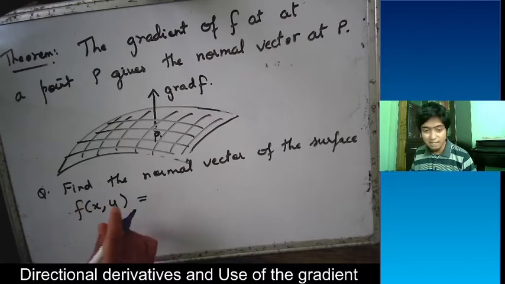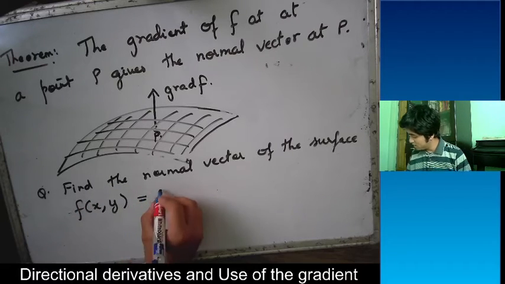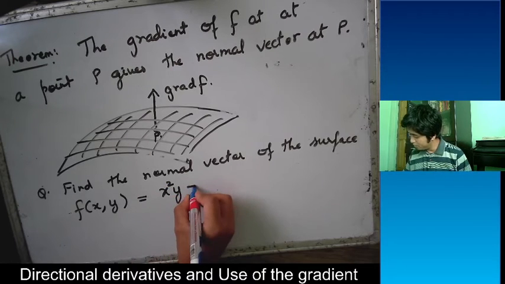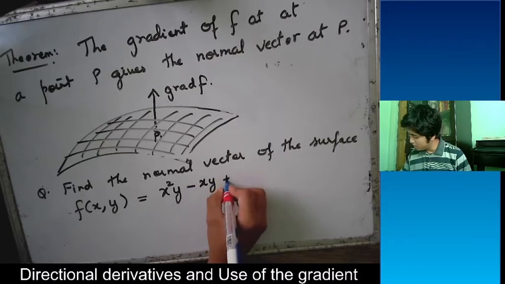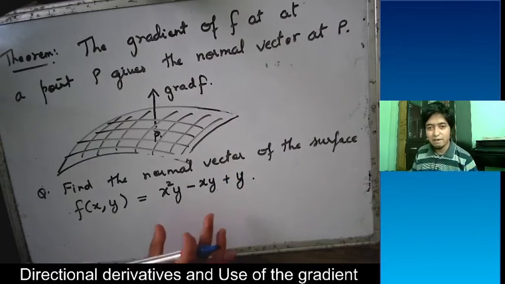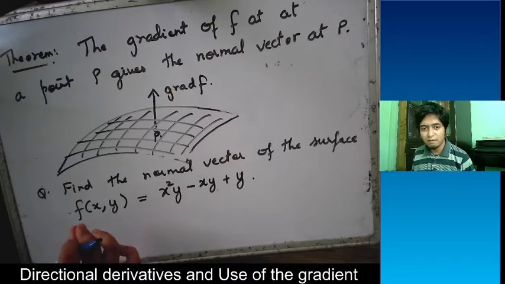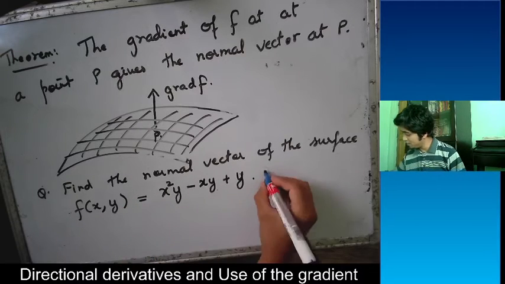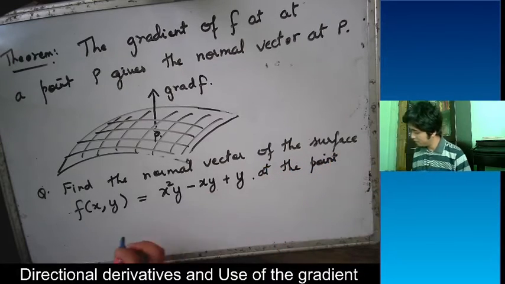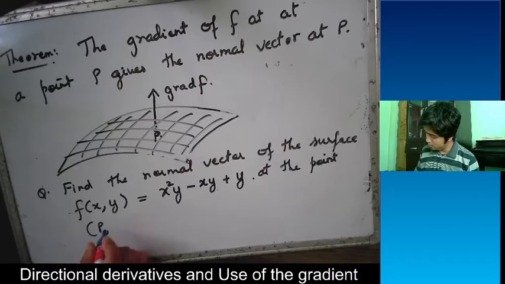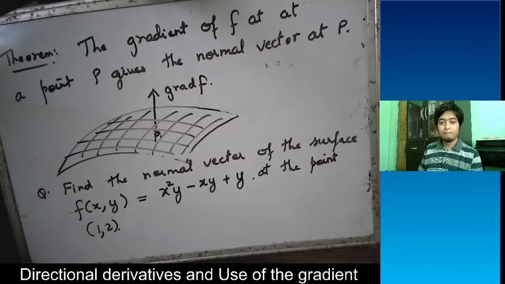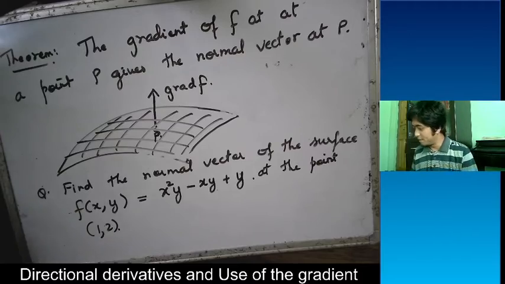It doesn't really matter if we have two or three variables. f(x, y) equals x squared y minus xy plus y. Okay, let us find the normal vector of the surface f(x, y) equal to this one at the point (1, 2). Okay, so let's see.